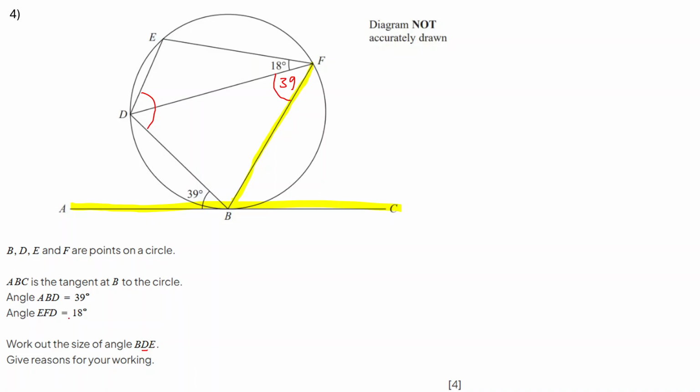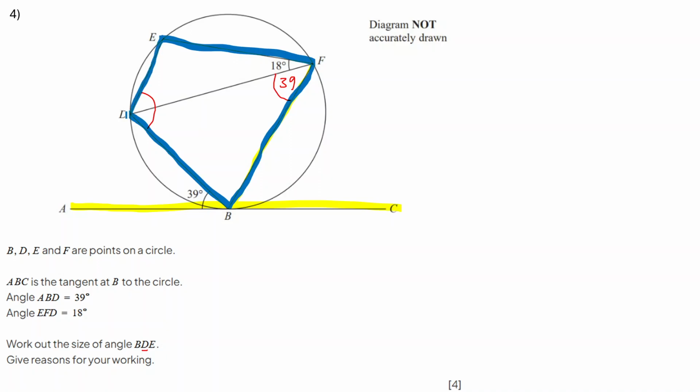Okay, I've also just spotted in this question that you've got a cyclic quadrilateral. So you've got a four-sided shape within your circle, hence the cyclic part. So this bit, this bit, this bit, and this bit here.